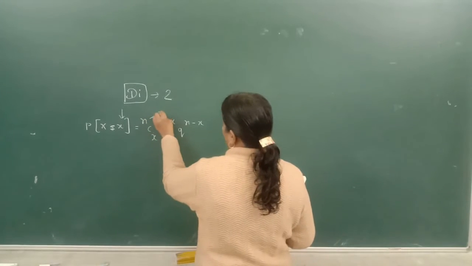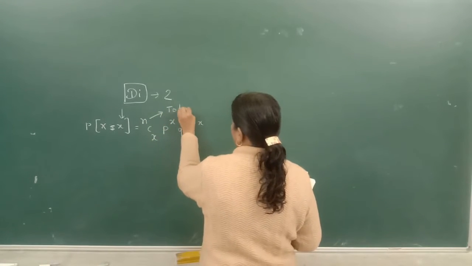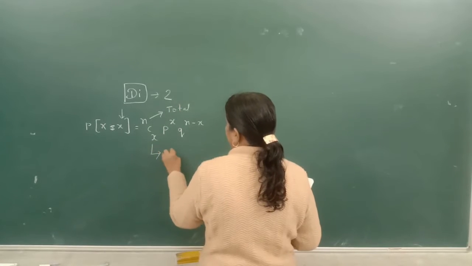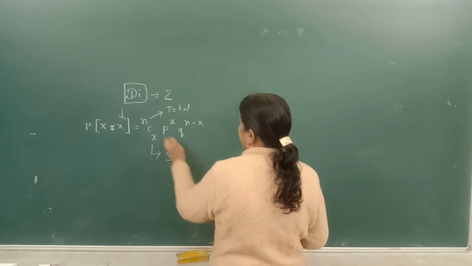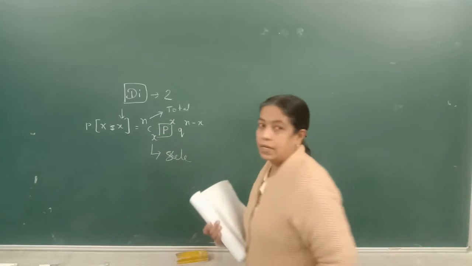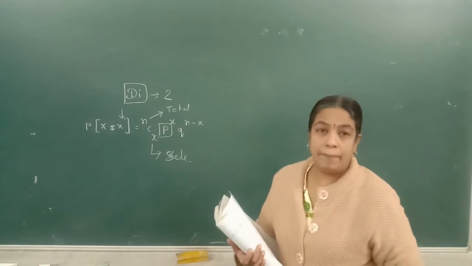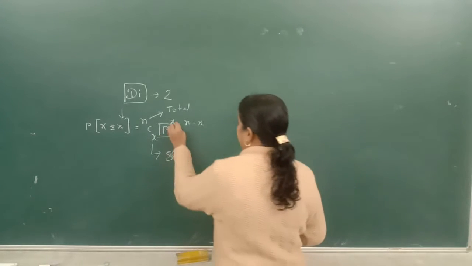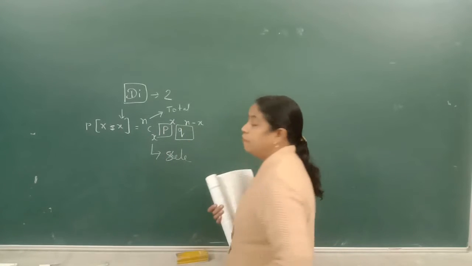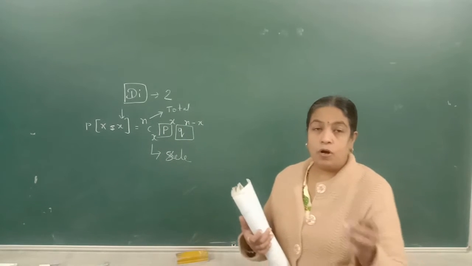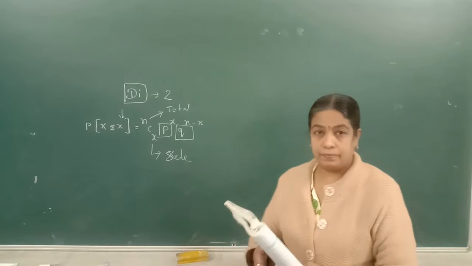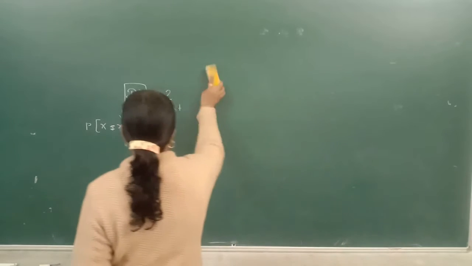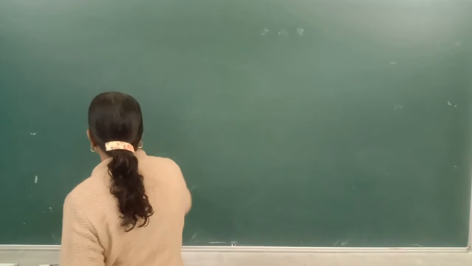Here n means the total number, whatever it is given, out of which we are going to select x items. p is the probability of success, or the probability of that event happening. And q will be the probability of that event not happening, or the probability of failure. Got it? Now, this formula you have to learn.